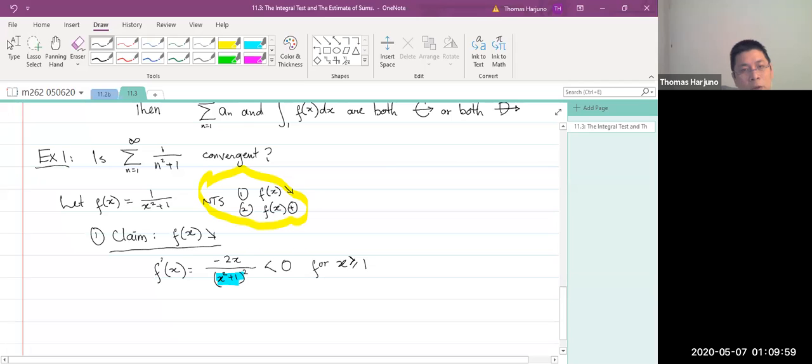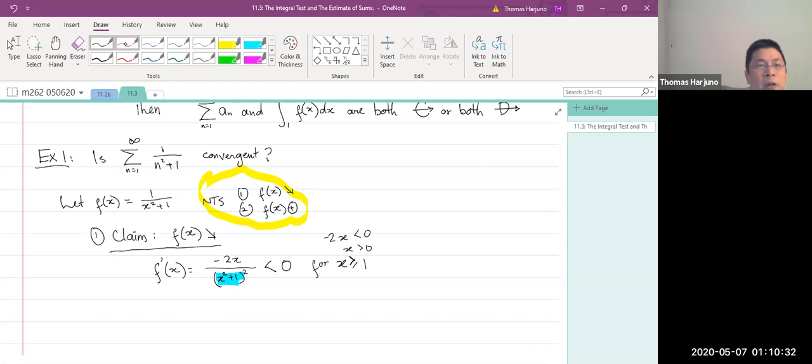The denominator is always positive, so the first derivative will be negative as long as negative 2x, the numerator, is less than 0. So x is greater than 0. Of course, when it is 1, then it is okay.